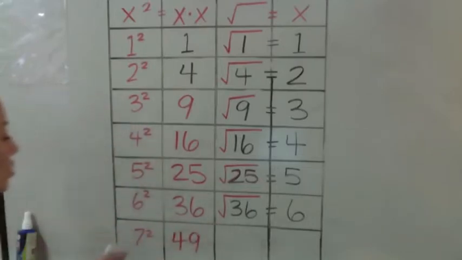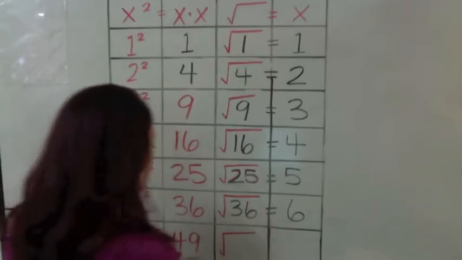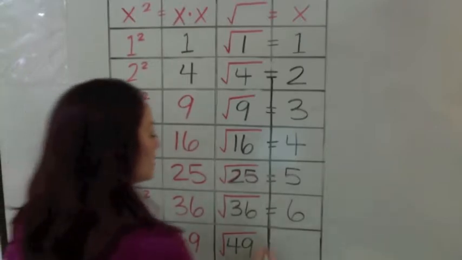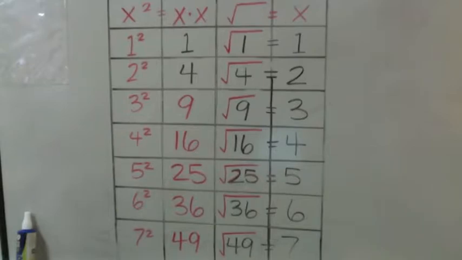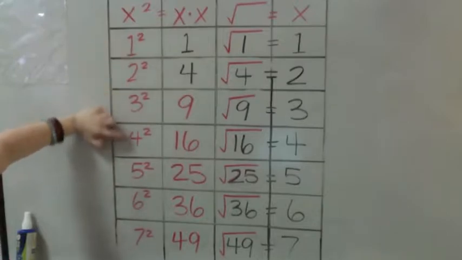Now, let's undo the square by doing the square root of 49. What's the square root of 49? Square root of 49 is 7. Do you see the pattern? Yeah? Okay. So the square undoes a square root, starting with your original number.